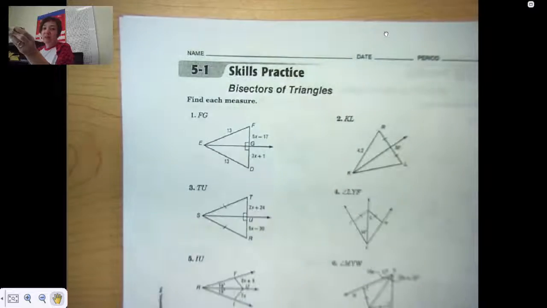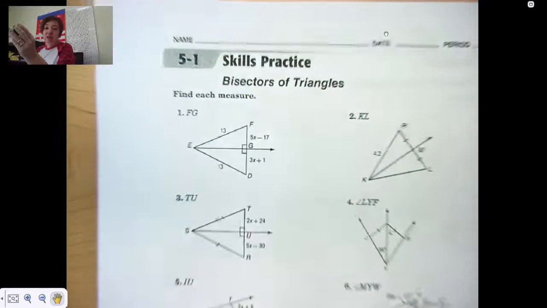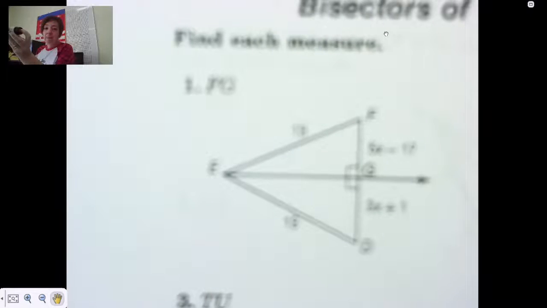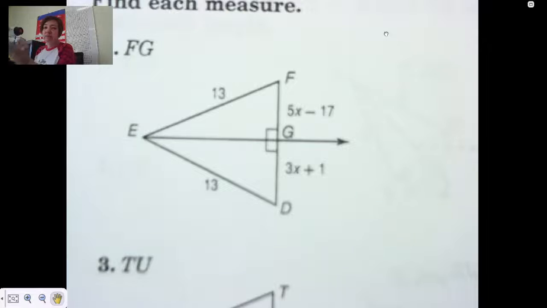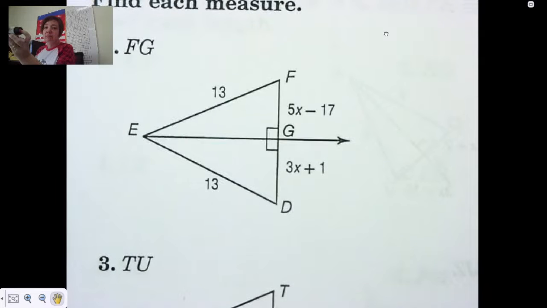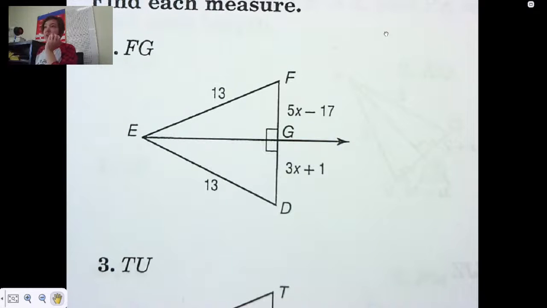Skills practice 5-1. Look at this very first triangle and tell me what you notice. What do you see? Do you see what I see? What do you notice?